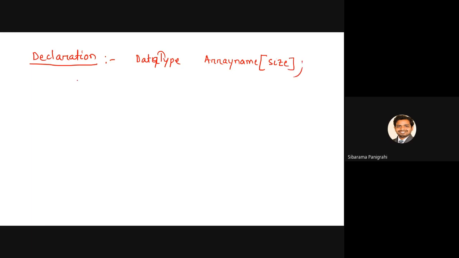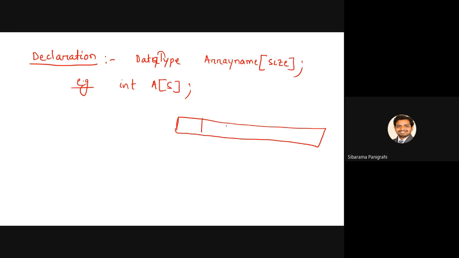For example, if I want to declare an integer array whose name is a and whose size is 5, here I have declared 5 elements: 1, 2, 3, 4, 5.